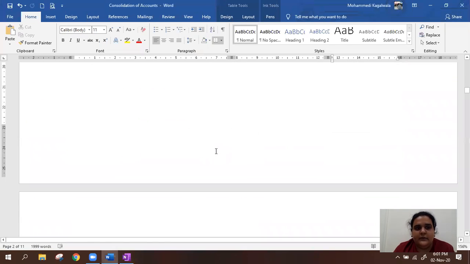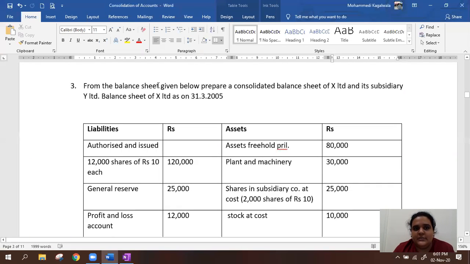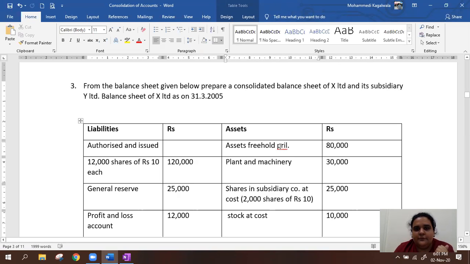Now the next question. From the balance sheet given below, prepare the consolidated balance sheet of X Limited and its subsidiary Y Limited. Okay, so first the balance sheet of X Limited is given. Freehold premises.